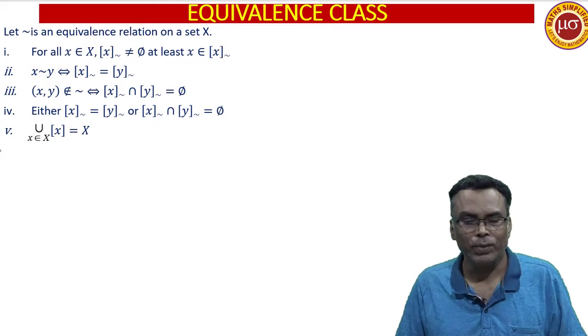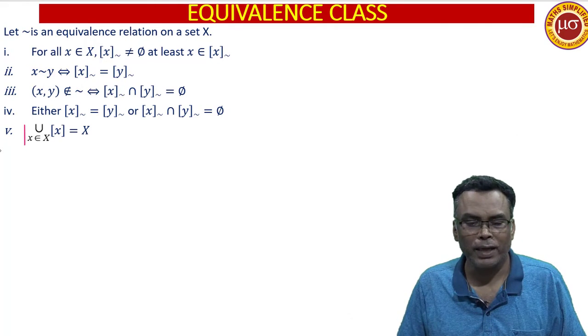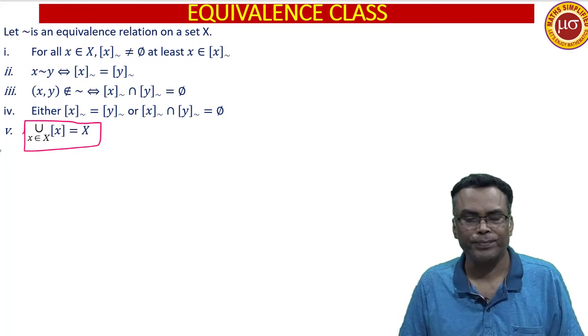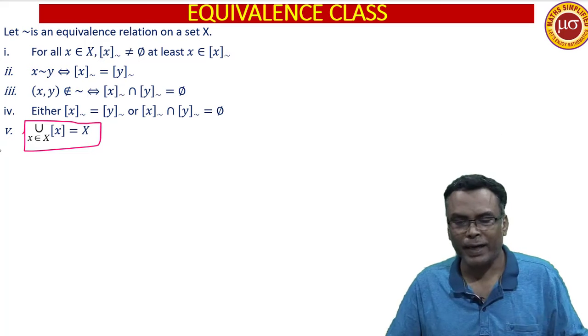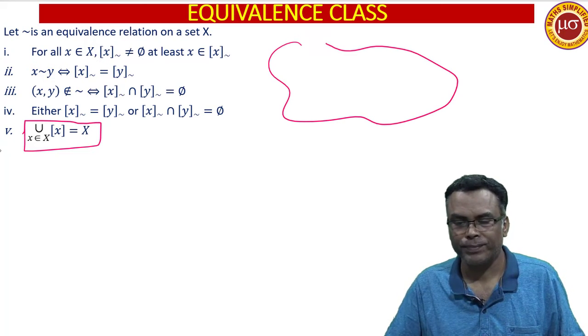If I take the union of all equivalence classes, I get the total set X. I am giving you the idea. Let this be the total set.